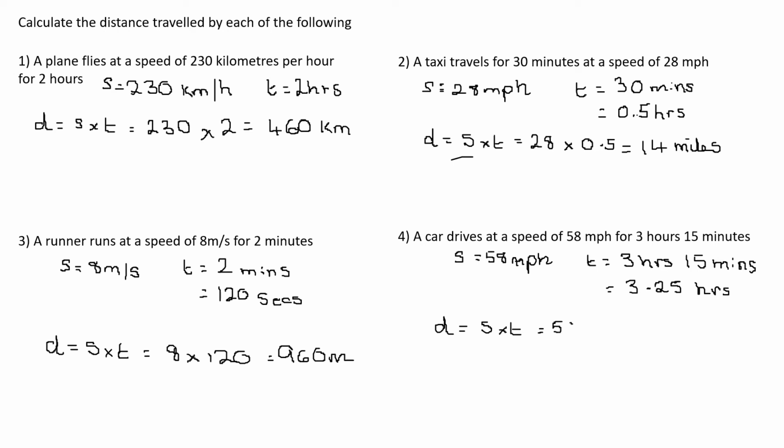So that will be 58 multiplied by 3.25, and that will give me 188.5 miles. And remember that whatever the unit of distance is in your speed, so if it's miles per hour, as here, then your final answer will be in miles. So this distance unit here in your speed will be the same as the unit that your distance is given in.